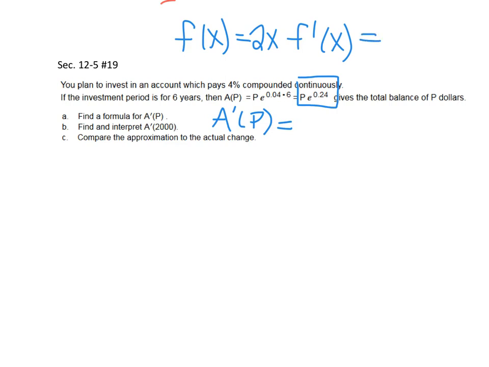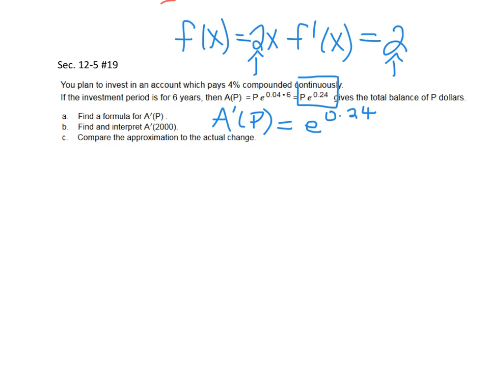And the derivative of that would simply be 2, because the variable is x, or in our case, P, and e to the 0.24 is serving in the same way that 2 does, in that 2 is simply a constant. And in our case, our constant is e to the 0.24 power. So that's your formula for A prime of P.